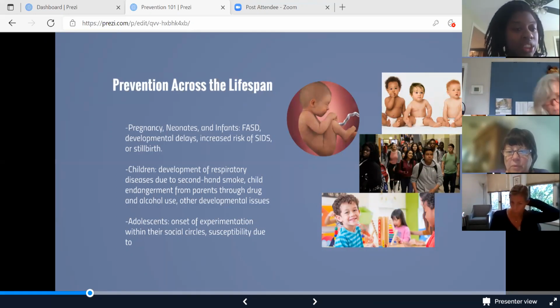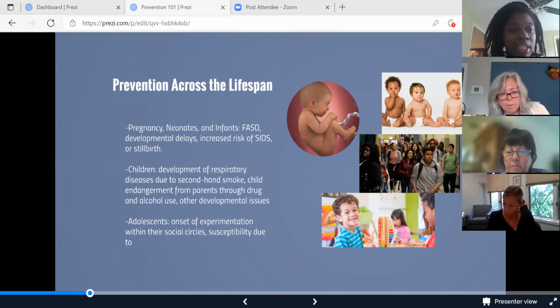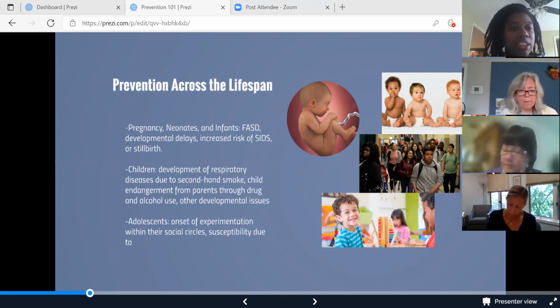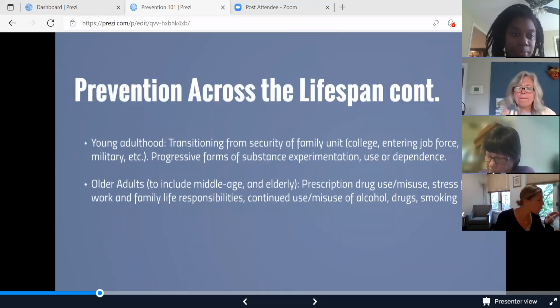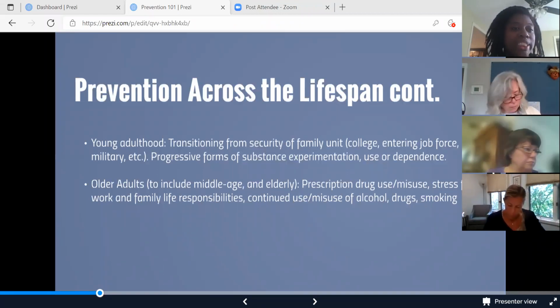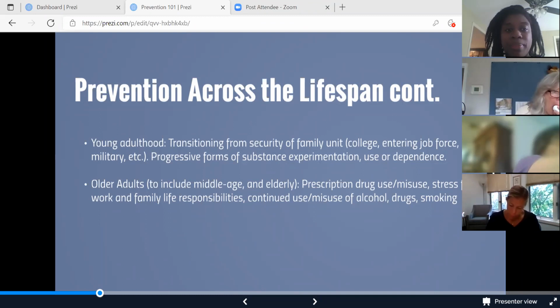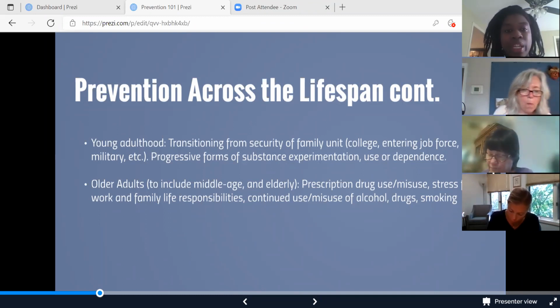As teenagers and young adults, they start moving into the adolescent phase. Their developmental stage is an onset of experimentation within their social circles and a susceptibility to experimenting with different substances. As we move into young adulthood, there is a transition from the security of their family unit.